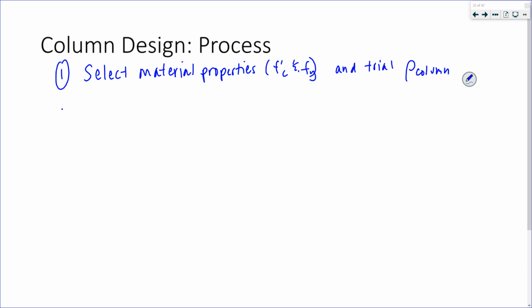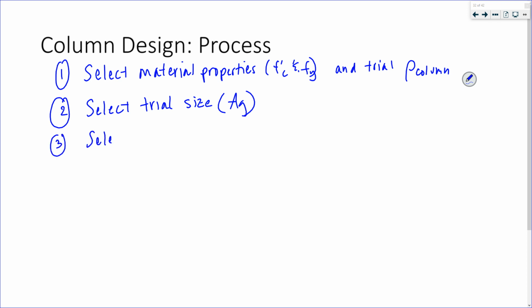And from that you can select a trial size, right, a gross cross-sectional area. You're going to figure out which type of column you want based on e over h ratio, right, our eccentricity.